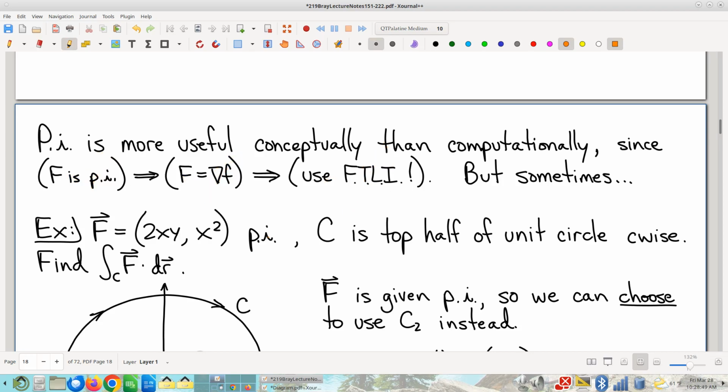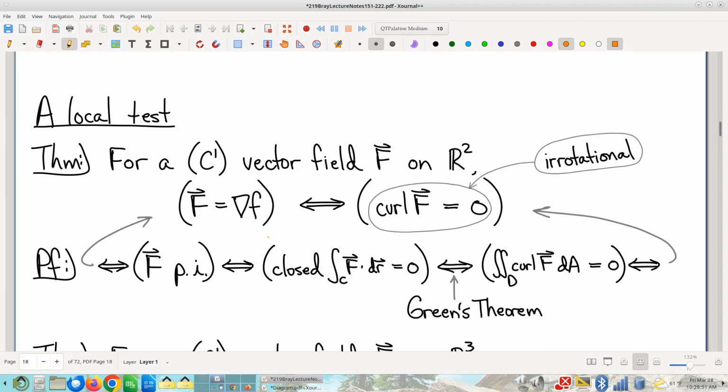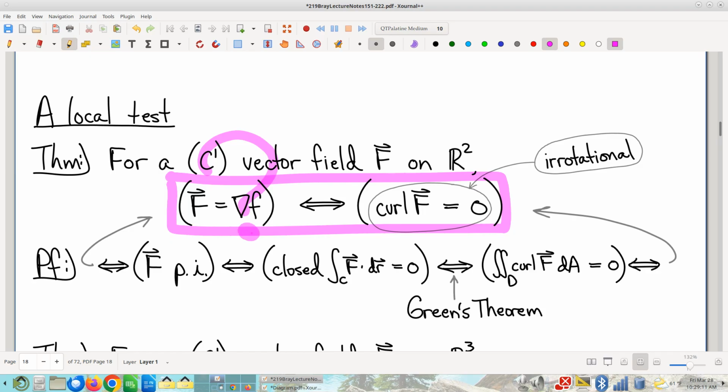Okay, moving along. How did I know that last vector field was path independent? Okay, well, it turns out there's a really convenient little test. The test is this right here. You would like to know if a vector field is a gradient. All you got to do, compute the curl, see if you get 0.